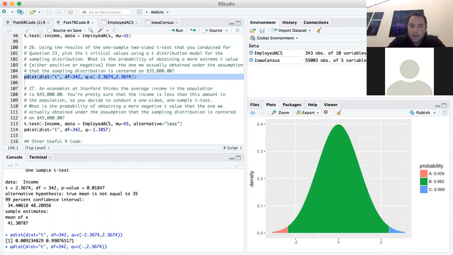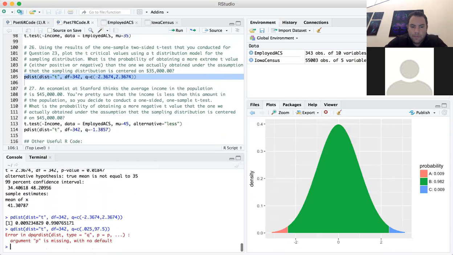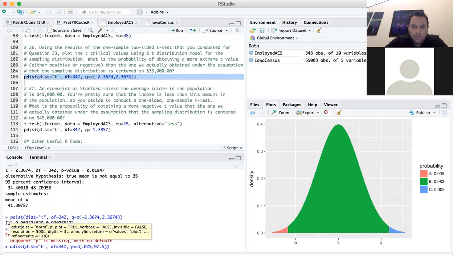On the left-hand side, we would have 0.025, and on the right-hand side, we would have 97.5. Sorry, not Q, but P is equal to.